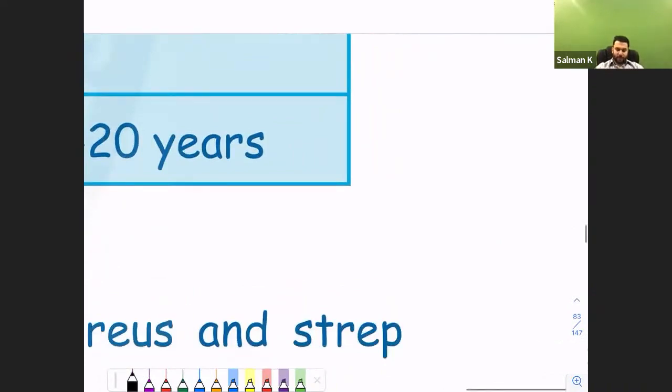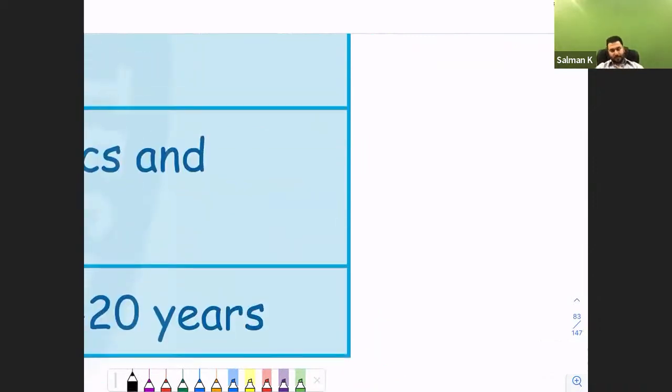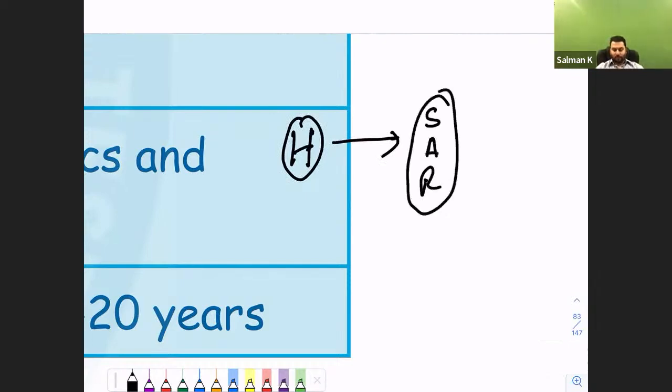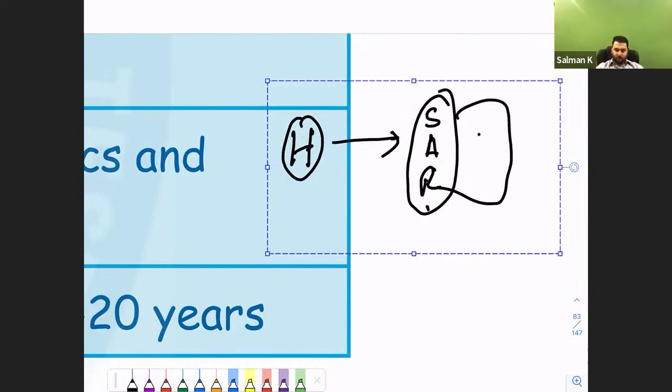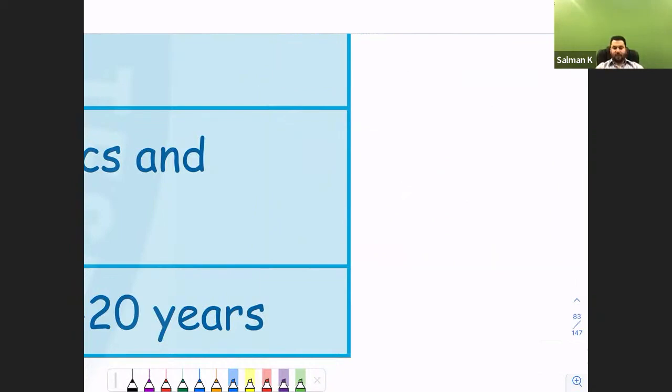If we are talking about influenza virus, the structure called hemagglutinin on the virus binds to the respiratory cell by the receptor called sialic acid receptor. So our respiratory cells have the sialic acid receptor, and hemagglutinin binds over here. That's how the infection happens here.